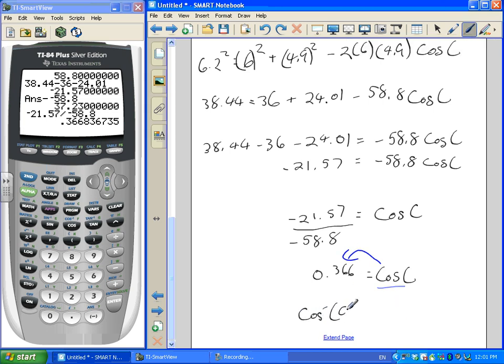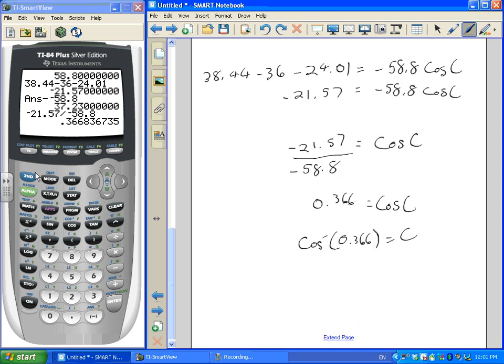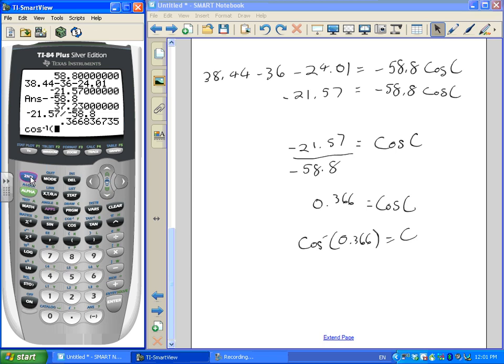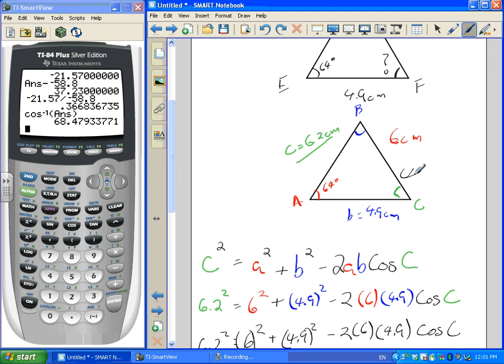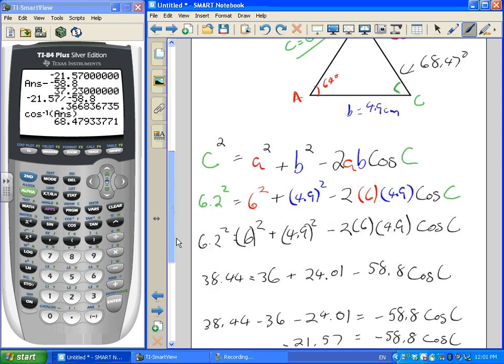Inverse cos of that number equals C. So second function cos, and then my answer from before, gives 68.47 for C. So we just discovered that angle C, right here, is 68.47 degrees. We can round that to, well, 68.5, let's say. Okay? So it's approximately 68.5 degrees.